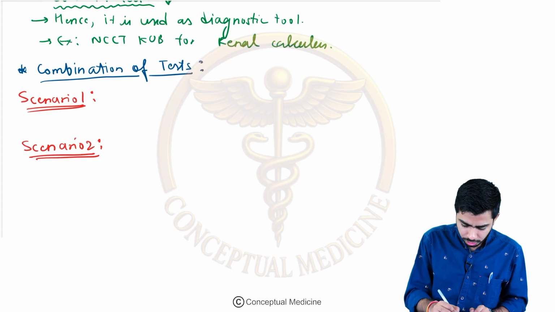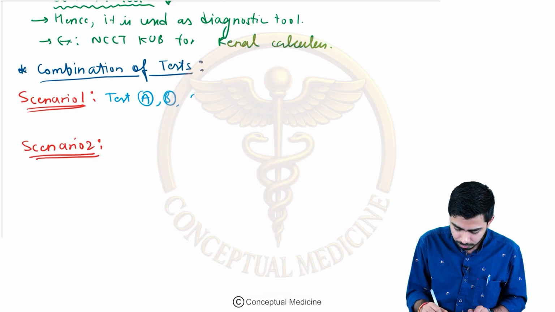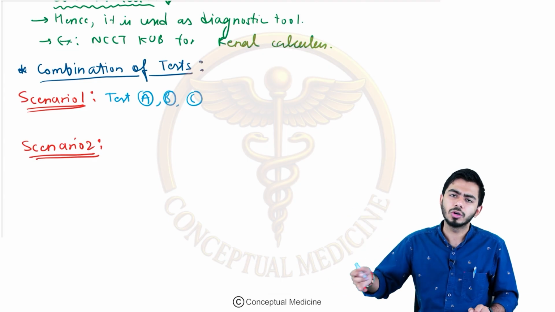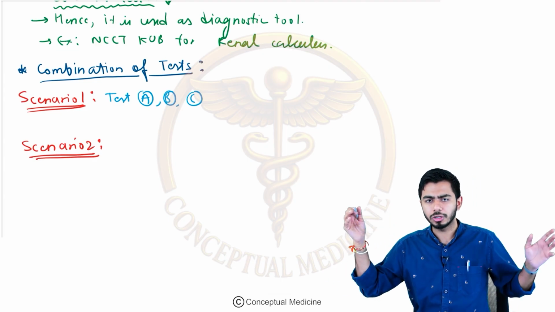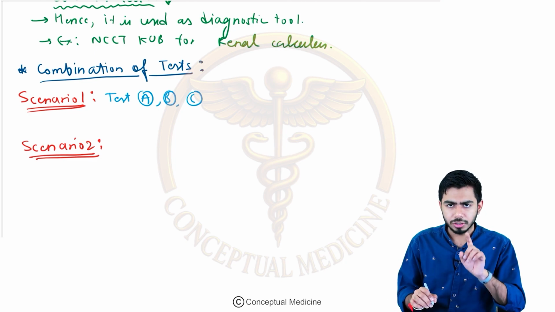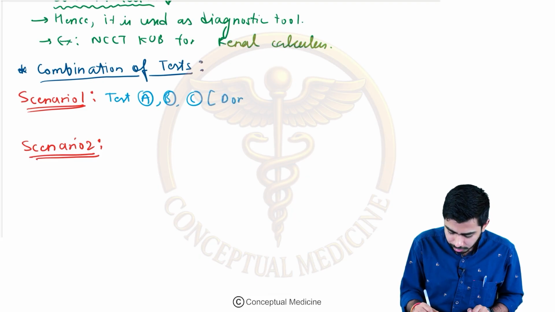So you are ordering test A, test B, test C, for example CBC, LFT, KFT, ECG, PT/INR, USG whole abdomen, and you are going for the chest X-ray also. Different multiple tests at the same time. This is scenario 1, that all of these tests are done at the same time.